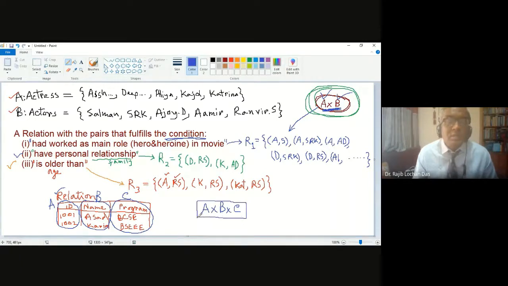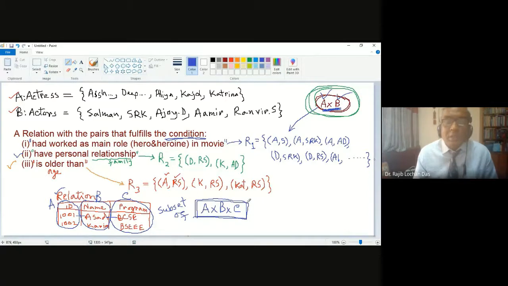This relation is not the full A cross B cross C. So how is the subset made, how is the subset taken? That is the condition, like ID, name and program should match.